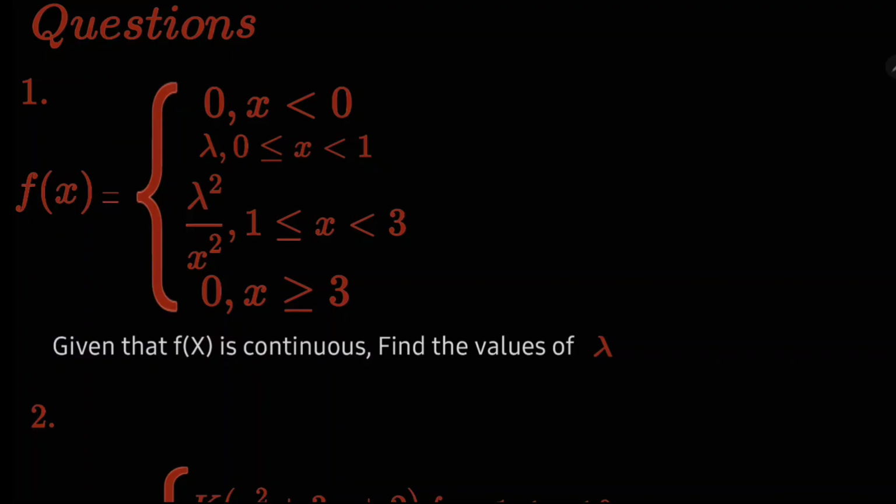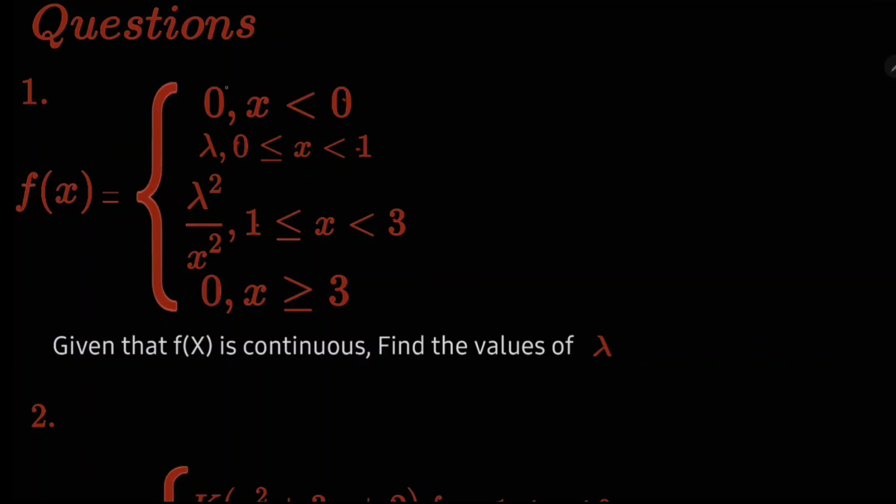Here we can see that 0 is the point of continuity for the first, 1 is the point of continuity for the second case, and 3 is the point of continuity for the third case. Okay, so now let's start solving.